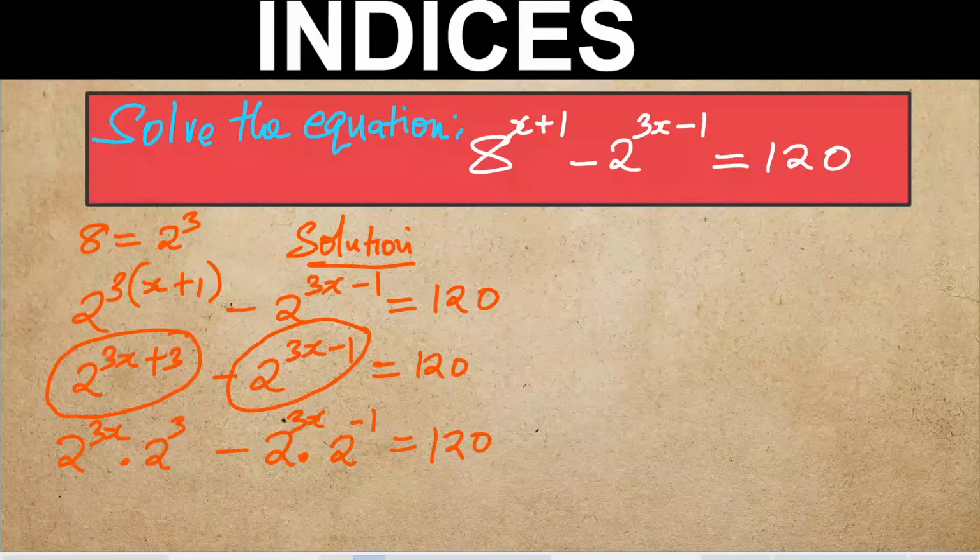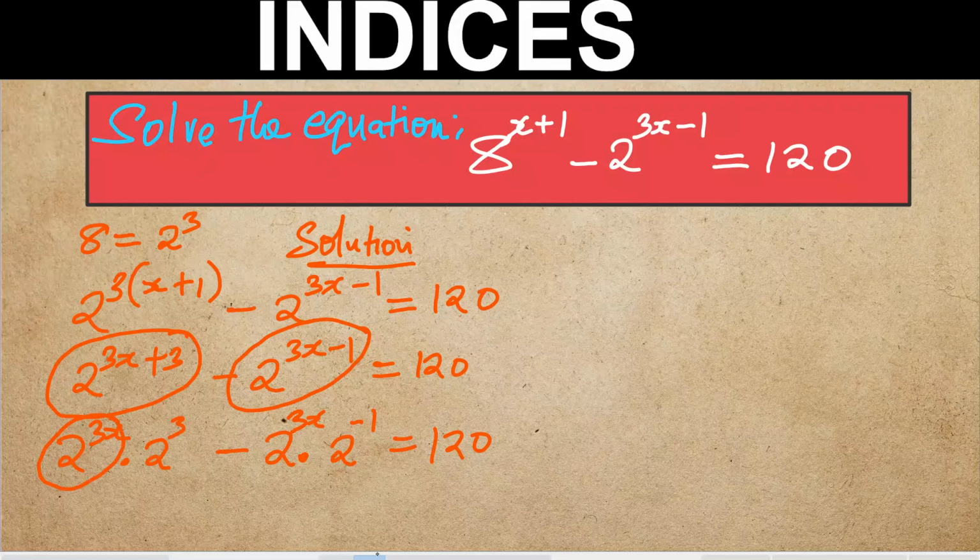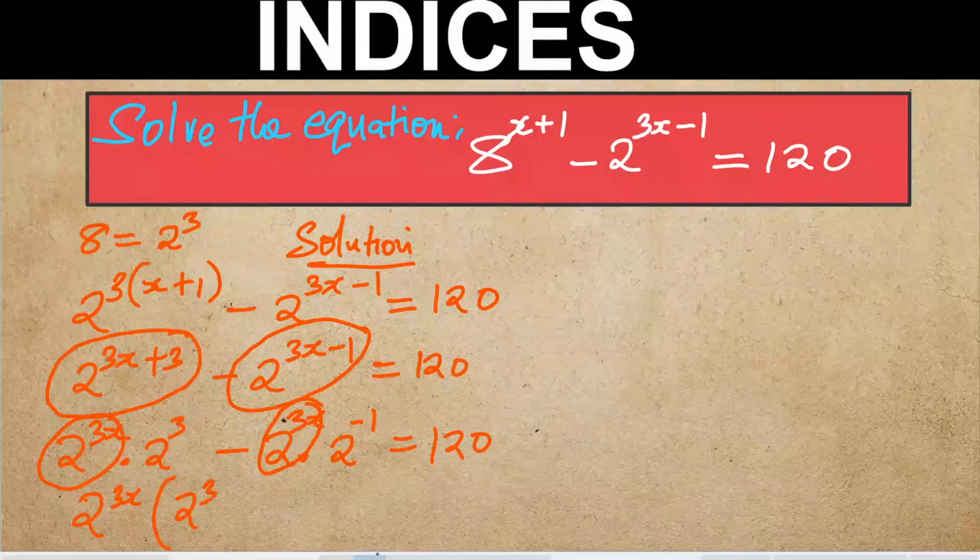Look at these two, and you notice there is something that is common. On the left-hand side of the equation, 2 to power 3x is common, so you can factor it out. So let me factor out 2 to power 3x. When I factor that, here I will remain with 2 cubed. Subtract, here I will remain with 2 raised to power negative 1, is equal to 120.